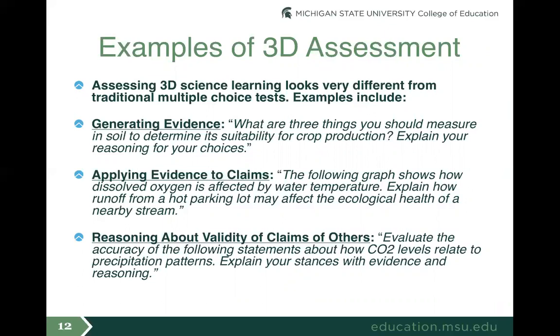Or we might ask students to reason about the claims of other people. So for example, we might provide them with 3 different claims and ask them to determine which of those are accurate, which are inaccurate, and why. You'll notice in all 3 of these cases, we're always asking students to explain their reasoning, because again, reasoning and sense-making are at the core of what it means to do 3D science learning.